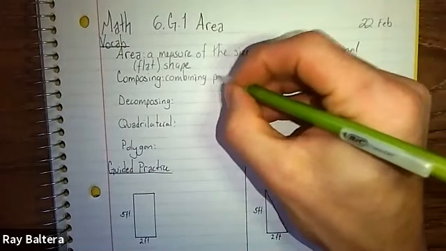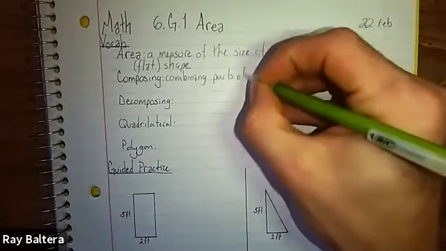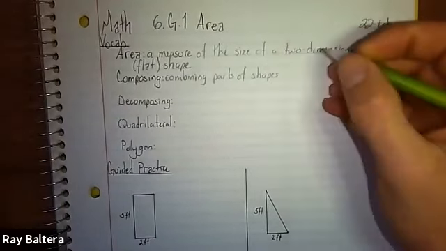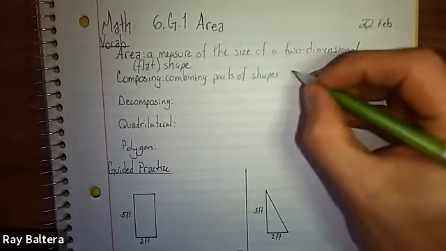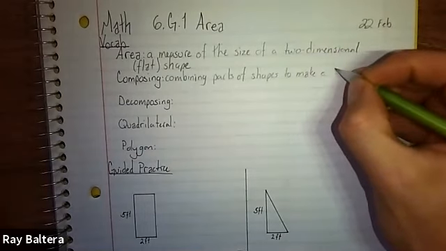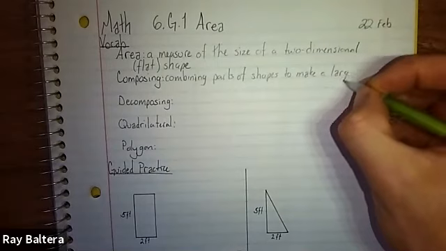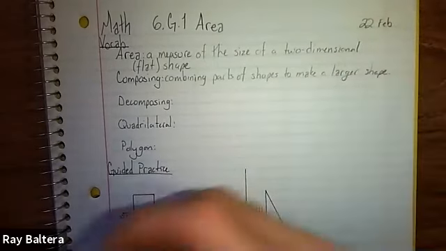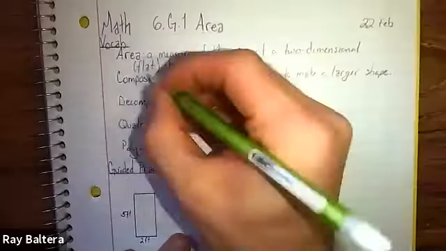Combining parts of shapes to make a larger shape that is easier to measure.